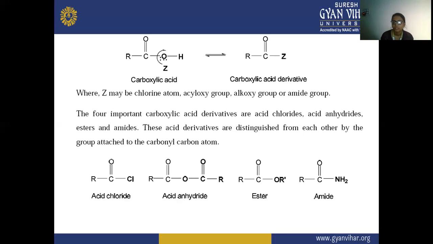So the carboxylic acid derivatives are formed from the carboxylic acid by replacement with Z, which may be a chlorine atom, alkoxy group, or amide group.